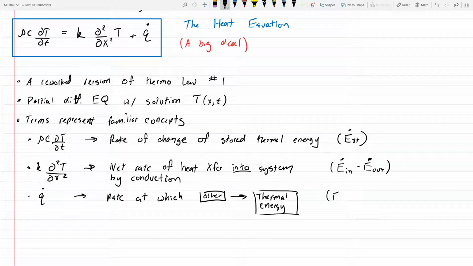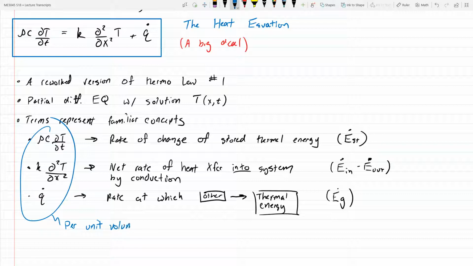And so this is related to our E sub G term. The one difference here is that all of these are per unit volume because we went through and divided by that delta x, delta y, delta z.